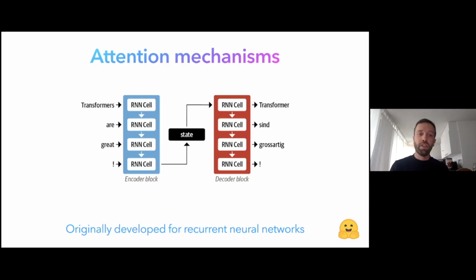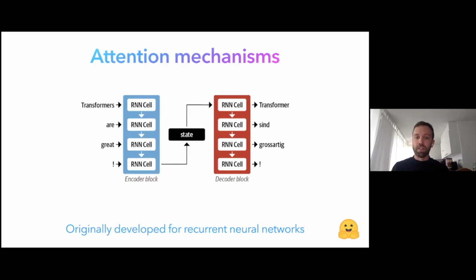Here is an example of English to German. The RNN cell needs to predict the corresponding sentence in German, and it does the same thing again. It takes the state as an input and predicts "Transformers," and then feeds some information to itself in the next step when it needs to predict the word "sind," and so on.